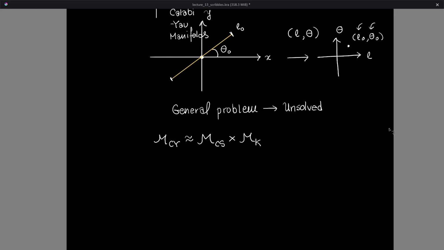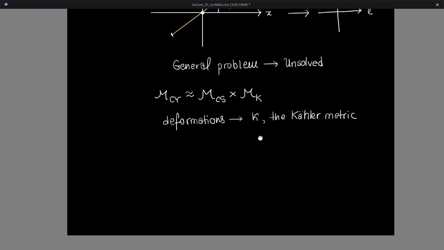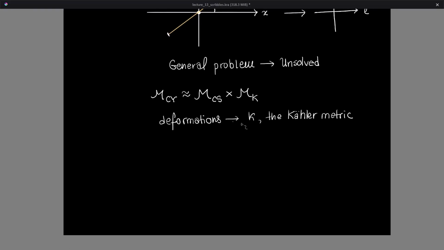And the way we're going to do it is we're going to think of deformations to the metric, this Kähler metric K. And what that's going to do is it's going to split us into two different kinds of moduli: ones which affect the Kähler form omega, and ones which affect the complex structure J. Right?